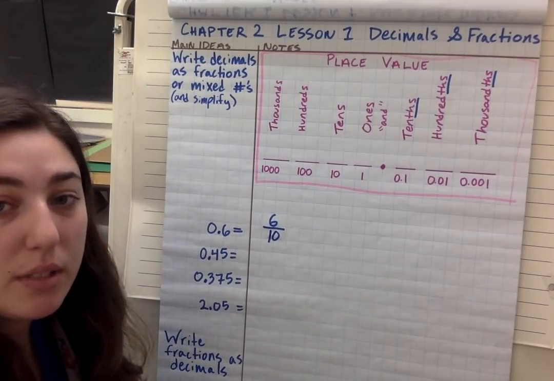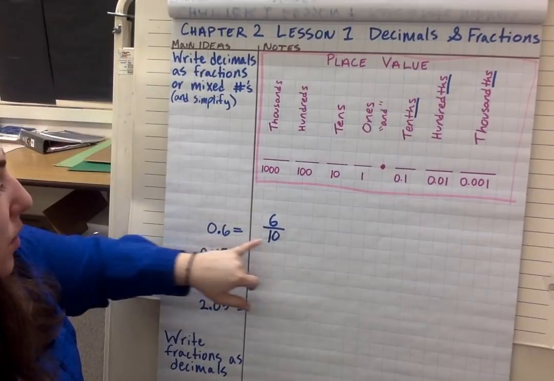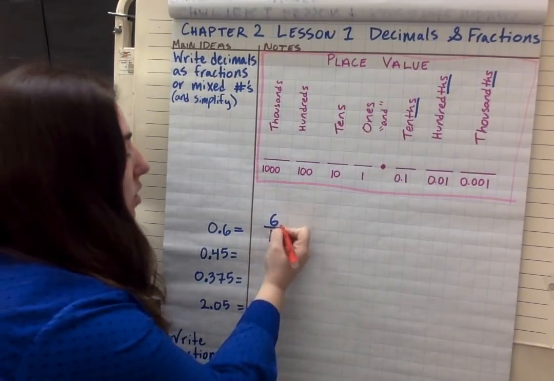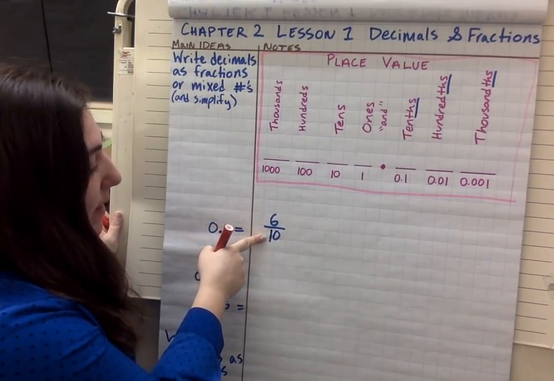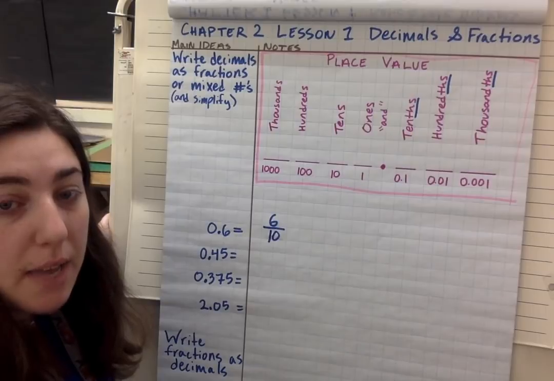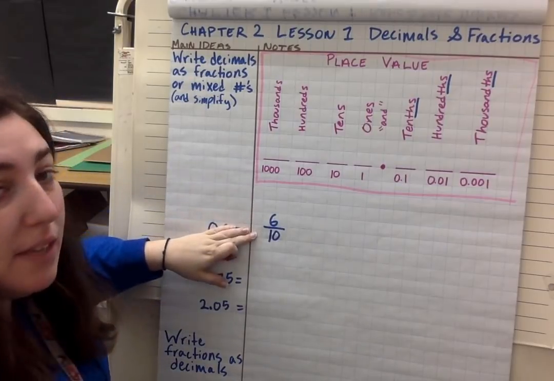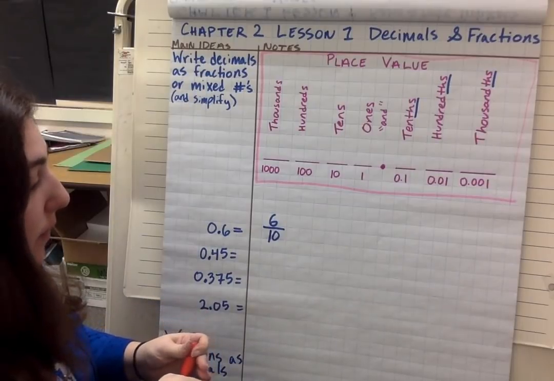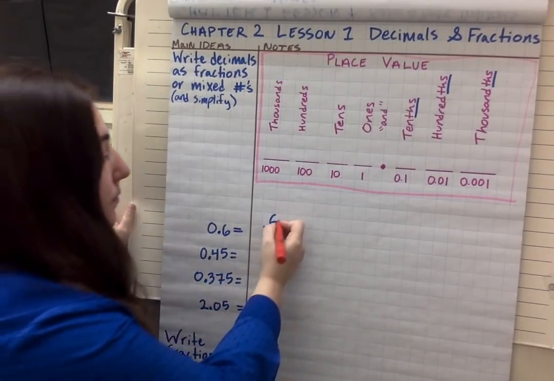Now all I need to do is simplify. I wrote my decimal in fraction form. Now is the simplifying. So what I notice about 6 and 10, to simplify, I need to find a common factor. Okay, they're both even numbers. So if they're both even numbers, I can just divide them both by 2.